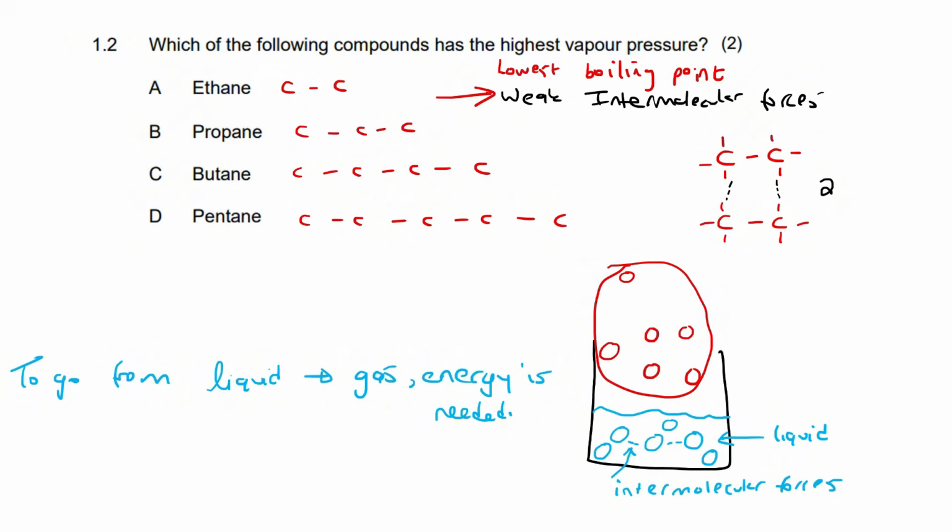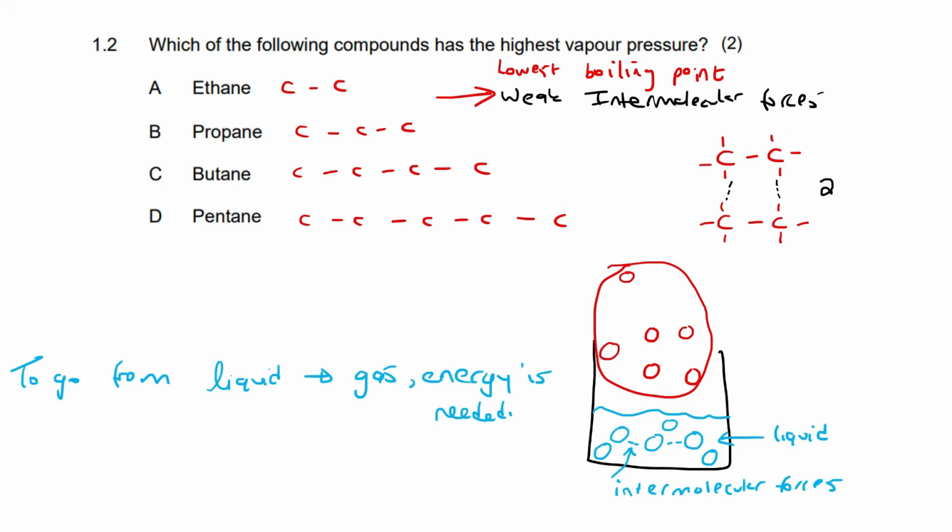Now, if you looked at propane, if you drew another propane, you would realize you have to now separate 3 London forces. For butane, you'd have to separate 4, and for pentane, 5. As I said, don't say that in an exam, but what I'm trying to show you is that the longer the chain, it's almost like there's more surface area available for London forces to act.